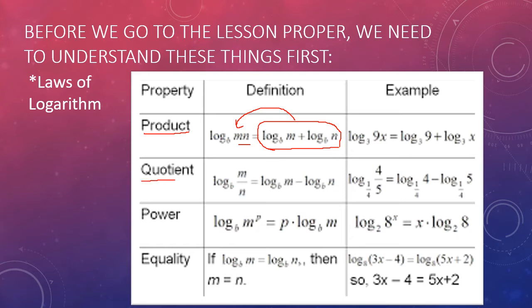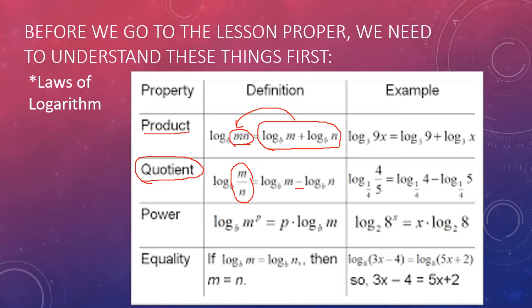This is what we call the product property or product law or product rule of logarithms. Next, we have a quotient. If multiplication is equivalent to addition, division is equivalent to subtraction. The logarithm of m over n to base b is equivalent to the logarithm of m to base b minus the logarithm of n to base b. Next is the power.